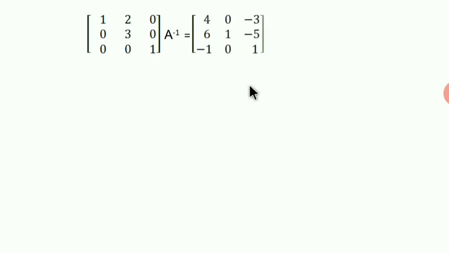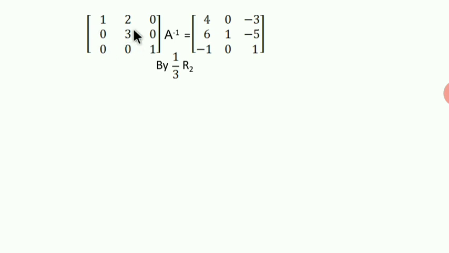Now I write the same step again, because we have to apply the next transformation to reduce this to the identity matrix. Now convert this element to 1. If we take R2 minus R1, this 0 becomes non-zero again.